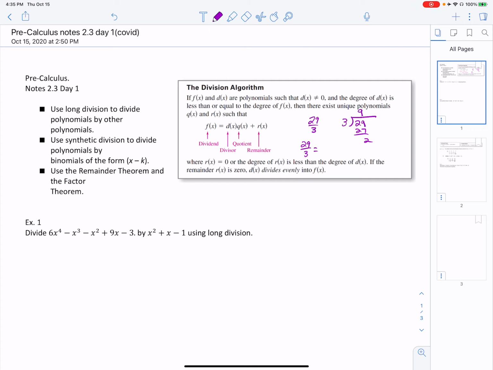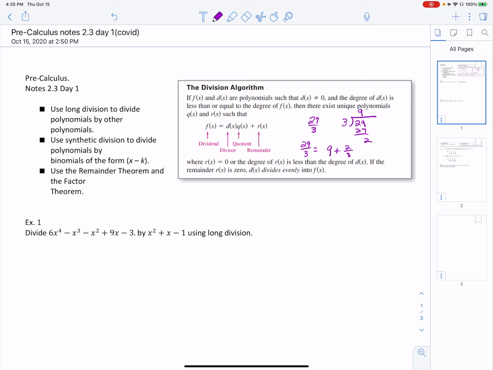And then you have a remainder of 2. Sorry about that. And so then we would write this as 9 plus the remainder divided by our divisor. So 29 divided by 3 is the same as 9 plus 2/3. It's 9 sets of 3 with a remainder of 2.